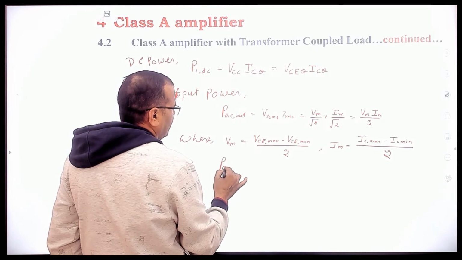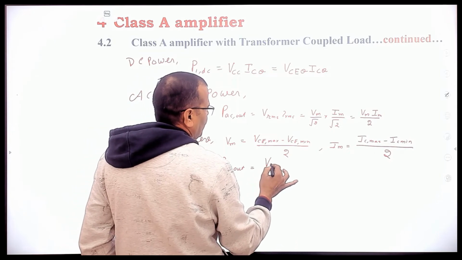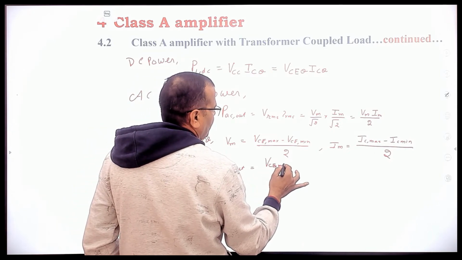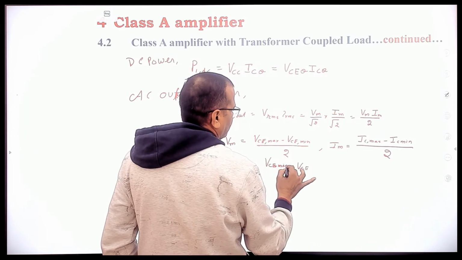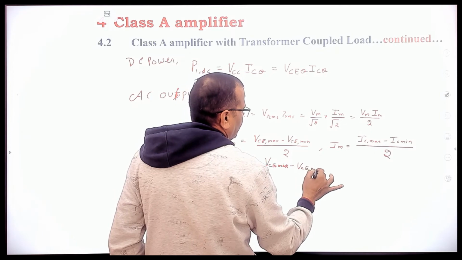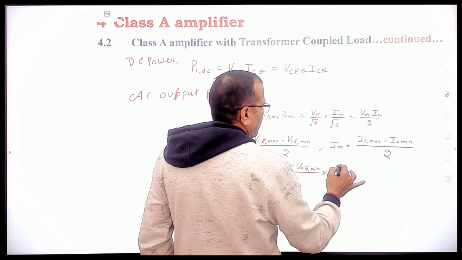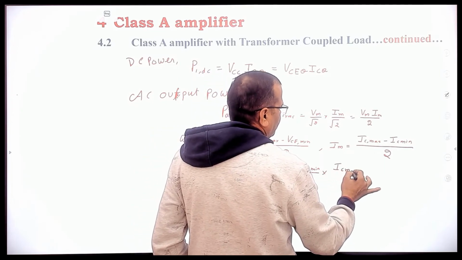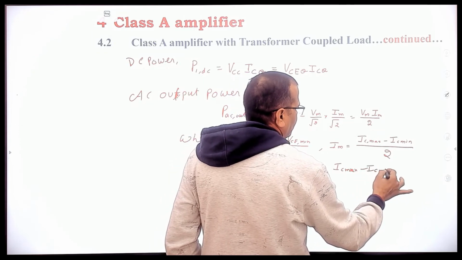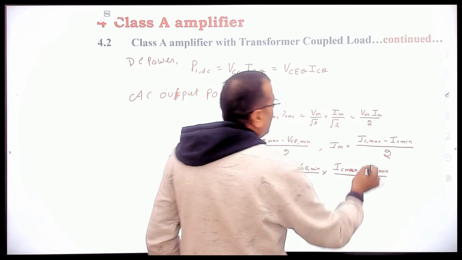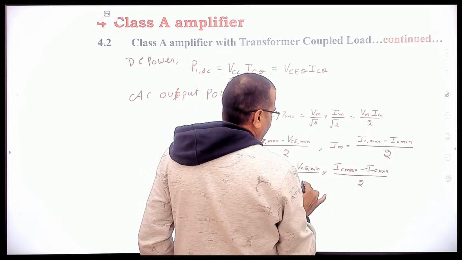So you get the AC output power will be equal to VCE max minus VCE min by 2, multiplied by IC max minus IC min by 2, and then Vm Im by 2, so this becomes multiplied by 2.